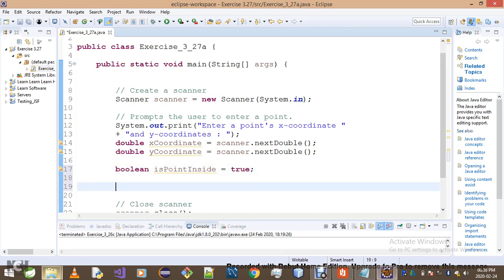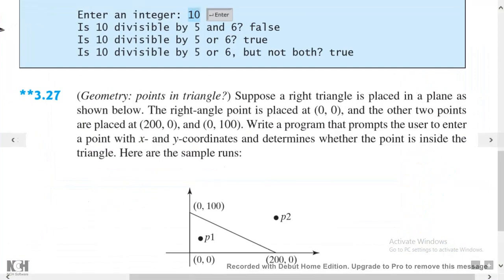Okay, number one, I'll simply want to check if the x coordinate of the input is within the rectangle. My approach will simply be, I'll assume I have a box here, a box of length 200 and the height.